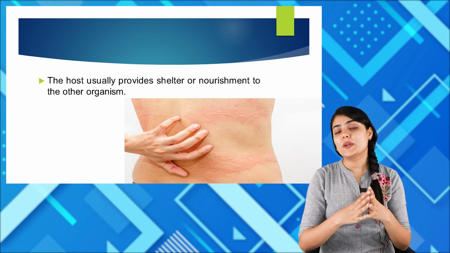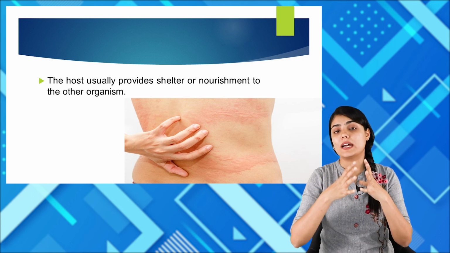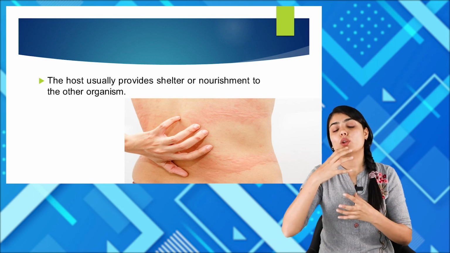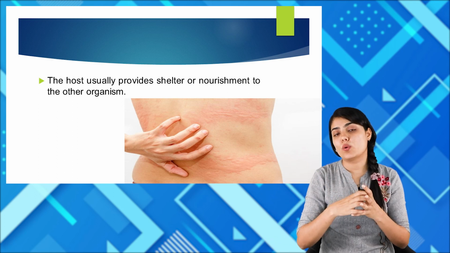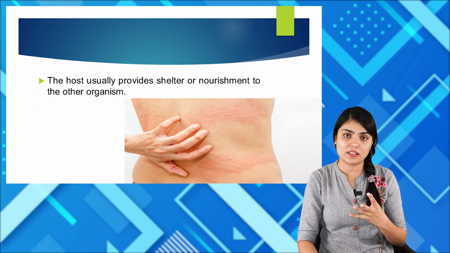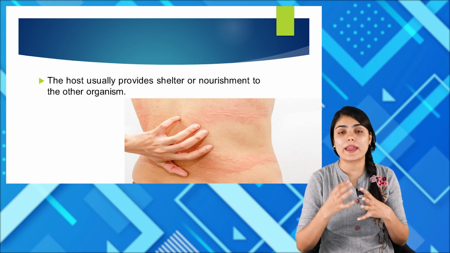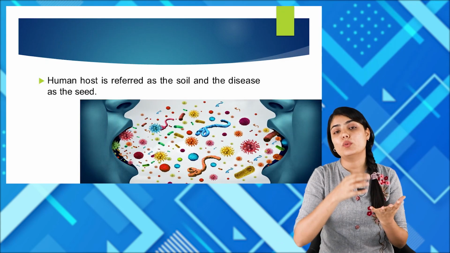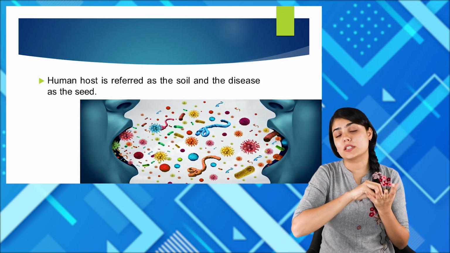The host usually provides shelter or nourishment to the other organism. The organism which takes the shelter in the host will start receiving either the shelter or the nourishment that is required for that particular organism to survive. From the disease point of view, the human host is considered as the soil, right?